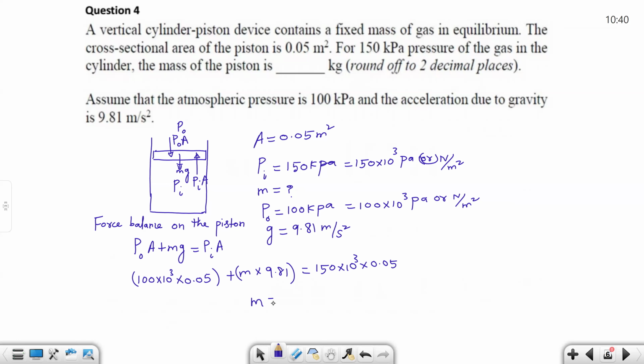So we get m, the mass of the piston, as 254.84 kg.